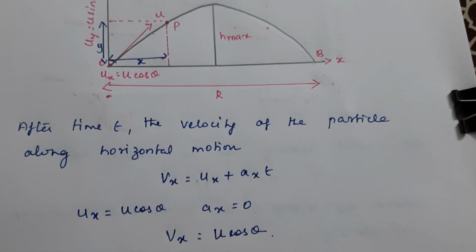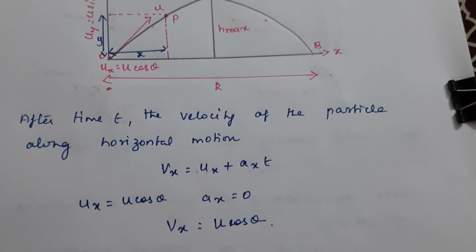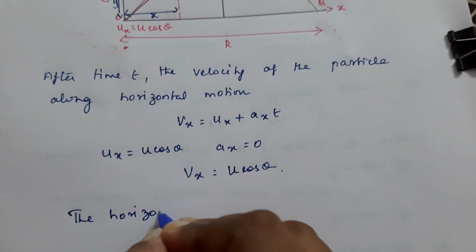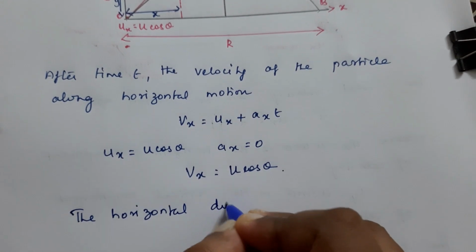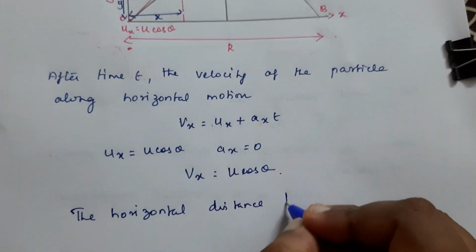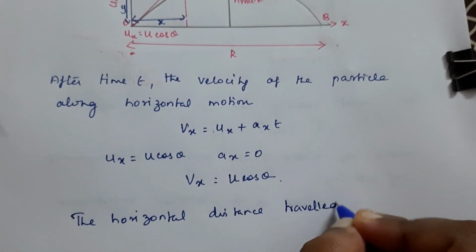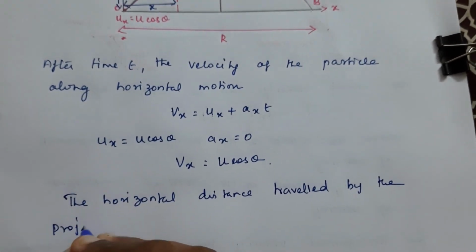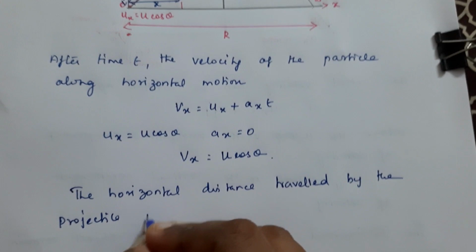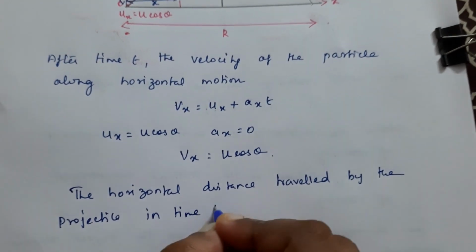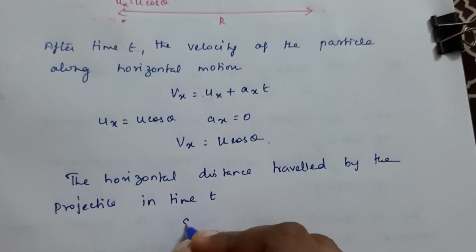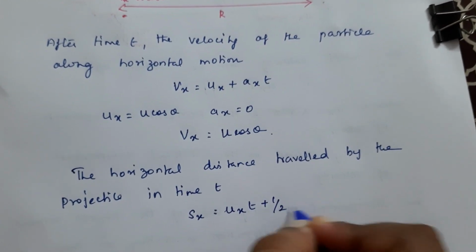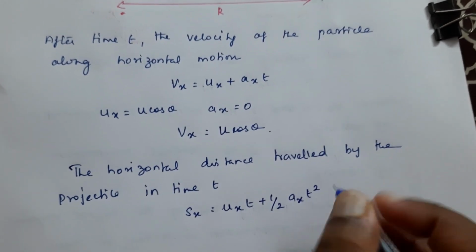Now we have to find the horizontal distance traveled by the projectile in time t. That is Sx is equal to ux t plus half ax t square.